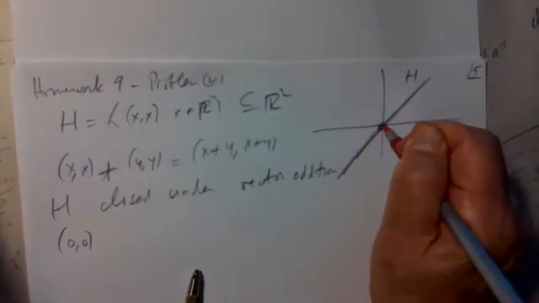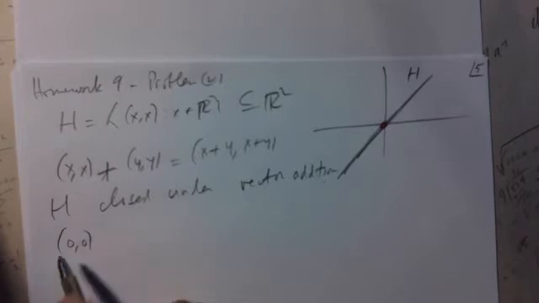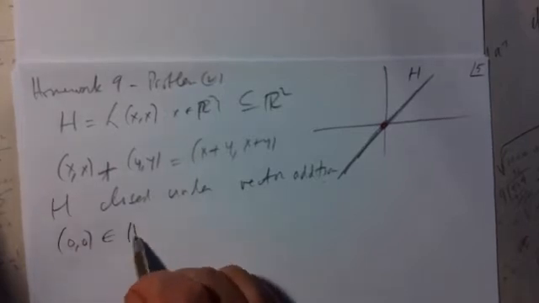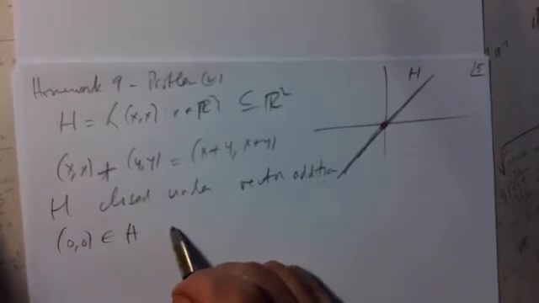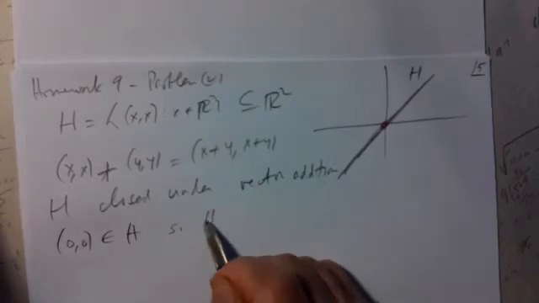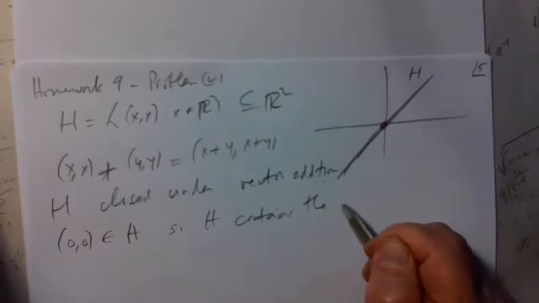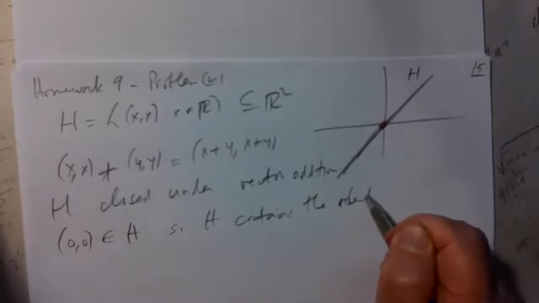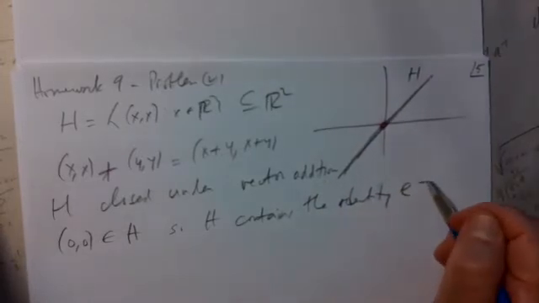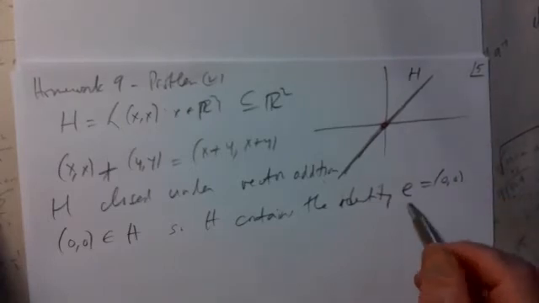Zero, zero, that's the origin. The x coordinate equals the y coordinate, so that's in H, but that's the identity. So H contains the additive identity (0, 0). That's the identity element for addition of vectors.